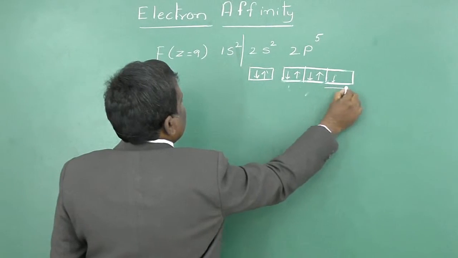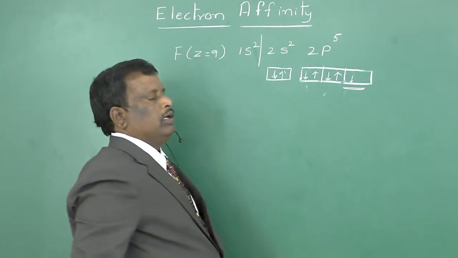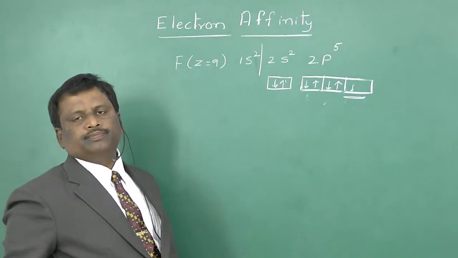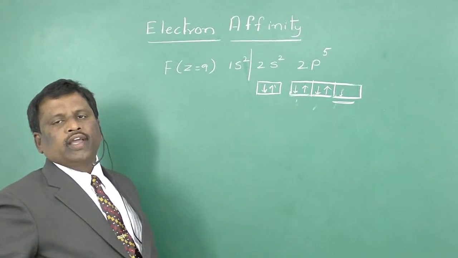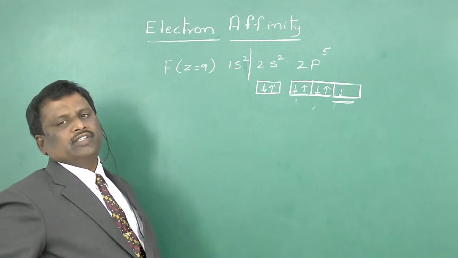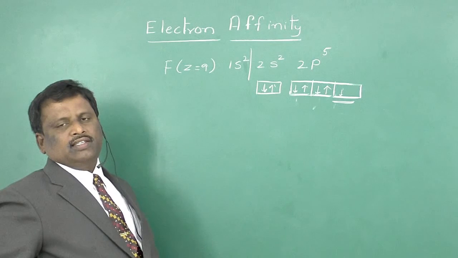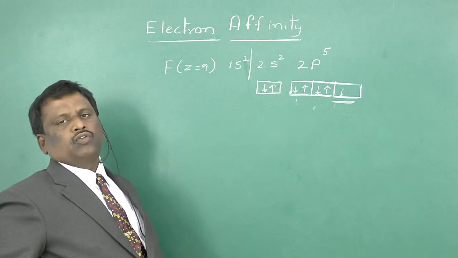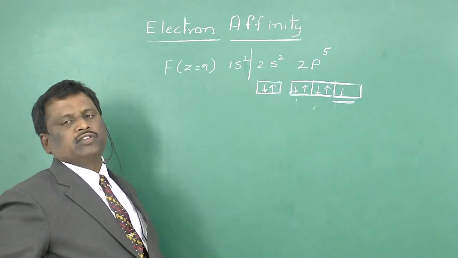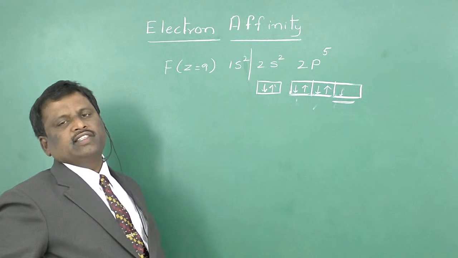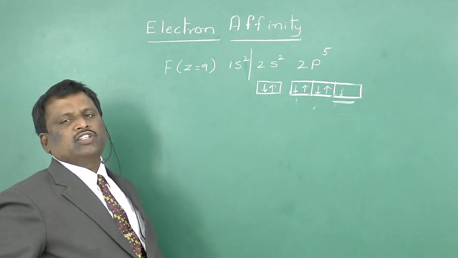Now, this is the orbital which has a half-filled electron. If another electron is added to it, it will get the p6 configuration, that is a fully filled configuration, which is a stable configuration, equal to the electronic configuration of neon.